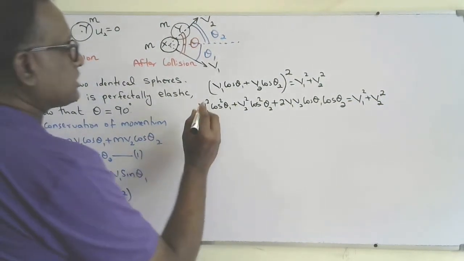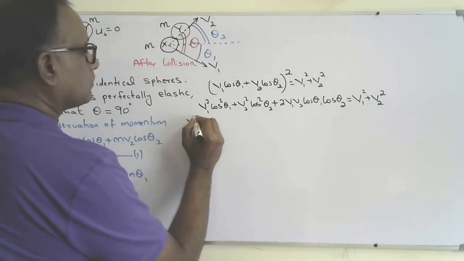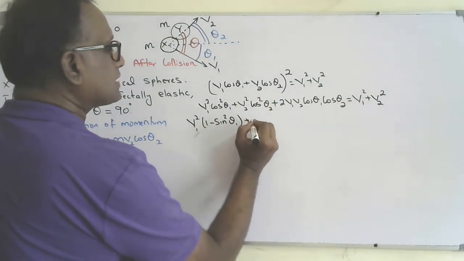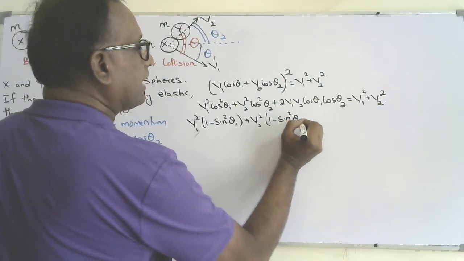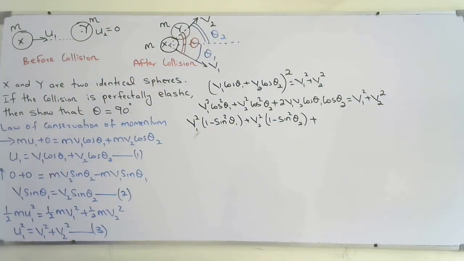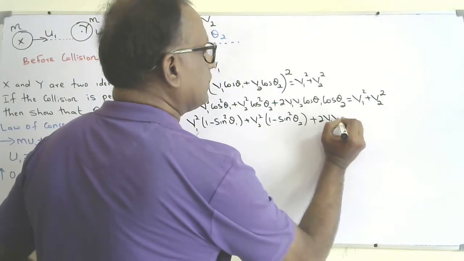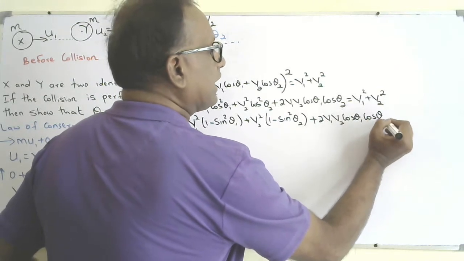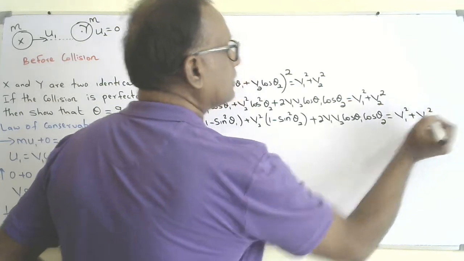So this one: V1 squared (1 minus sine square theta 1) plus V2 squared (1 minus sine square theta 2) plus 2V1 V2 cos theta 1 cos theta 2 equal V1 squared plus V2 squared.